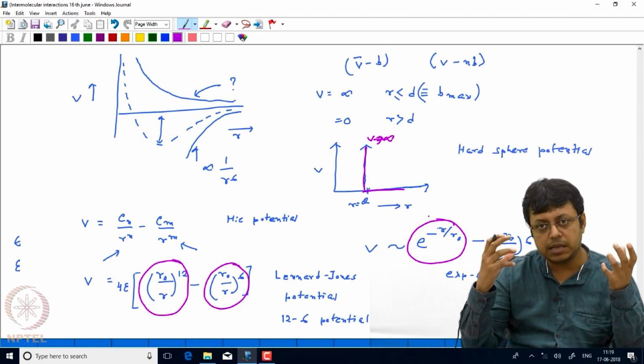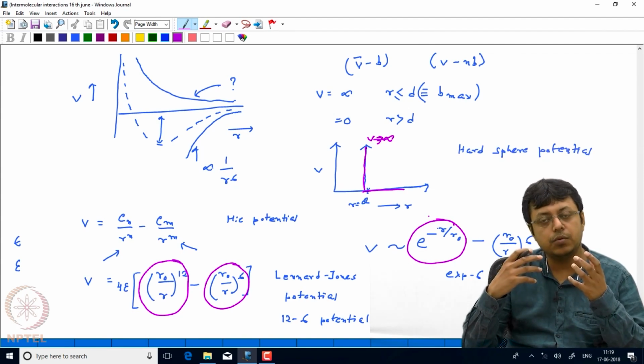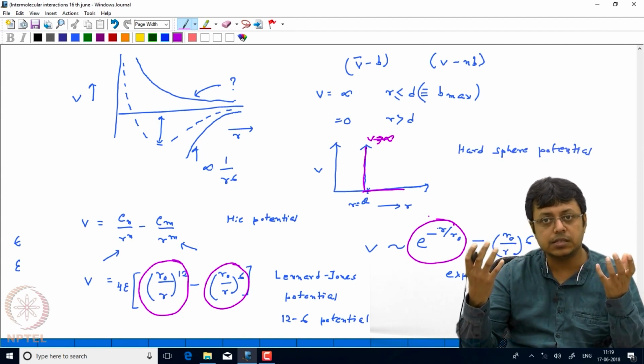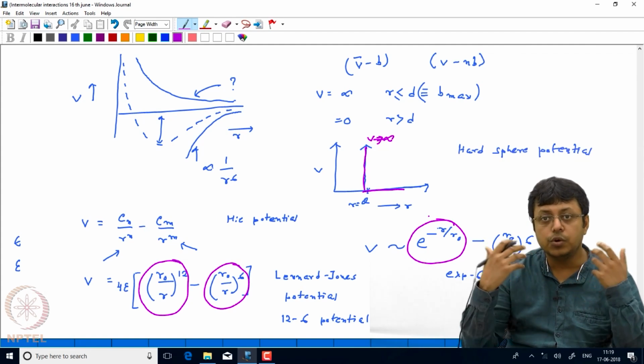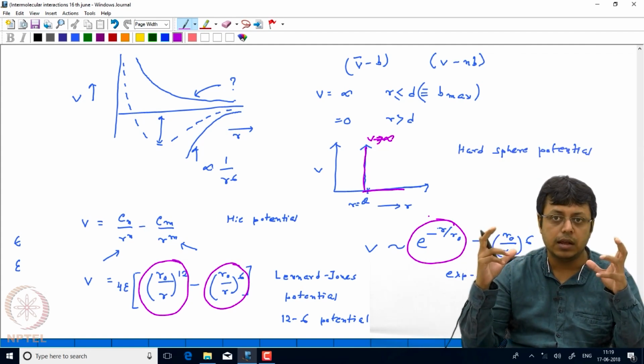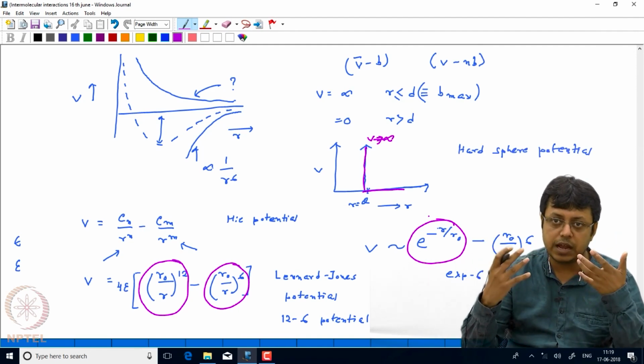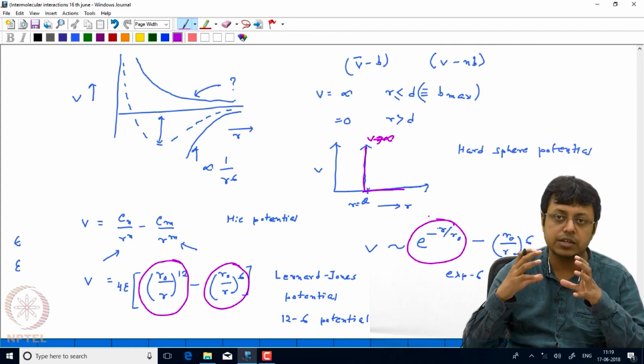There must be some attractive interaction between the molecules, and it depends on how you are modeling the molecule. The molecule can have a permanent dipole moment, so then a dipole-dipole interaction will dominate, for example, in liquid water, because each molecule of water has a permanent dipole moment. But then we also did the orientational averaging, and we found that the interaction actually goes as 1 over r to the power 6.